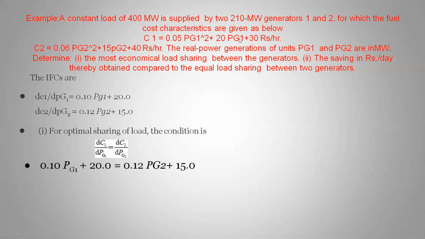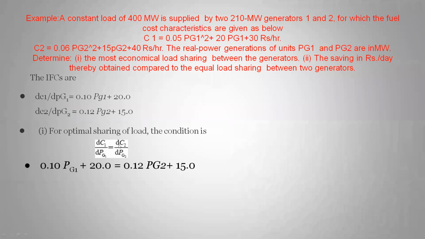First characteristic equation: dC1/dPg1 is 0.10 Pg1 plus 20. Next, second cost characteristic dC2/dPg2: 0.06 into 2 is 0.12 Pg2 plus 15.